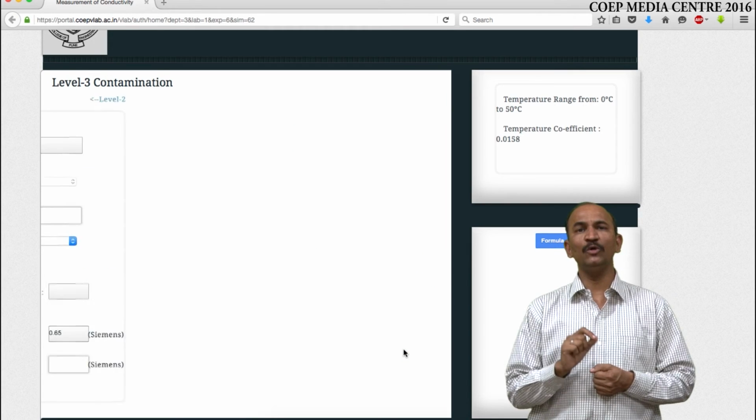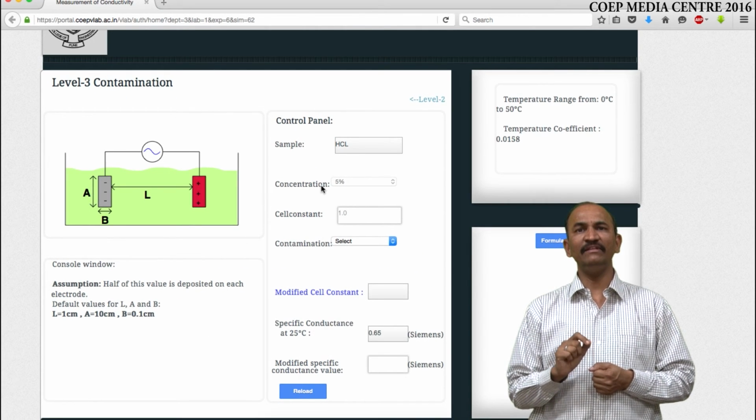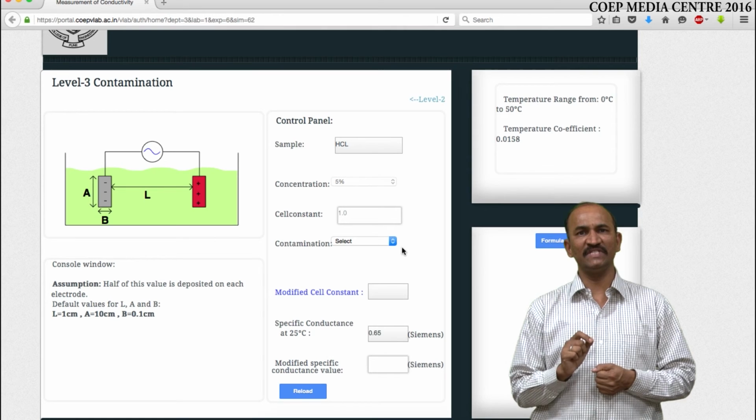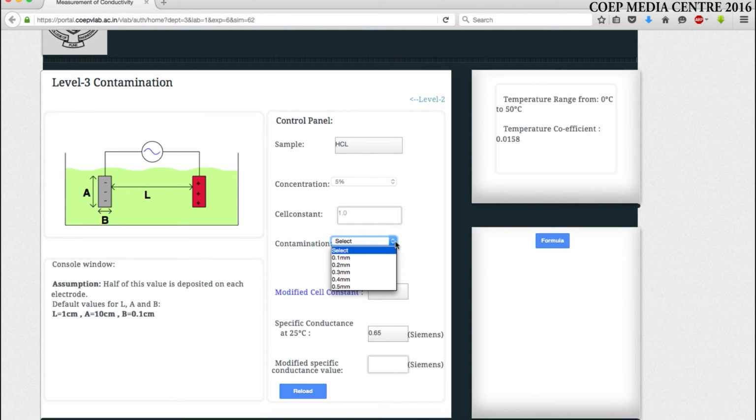Then you can go to level 3. Level 3 is to know what happens in case of contamination. Now this contamination means the coating on the electrode. The assumption is that half of this value is deposited on each electrode, and the dimensions which we have selected are: the distance between the plates is 1 centimeter, A is 10 centimeter, B is 0.1 centimeter, and the selected contamination is 0.1 mm.